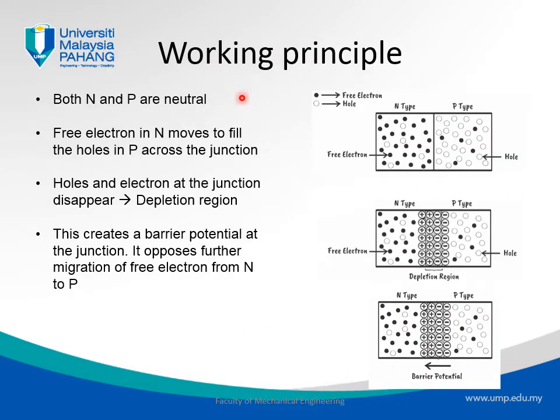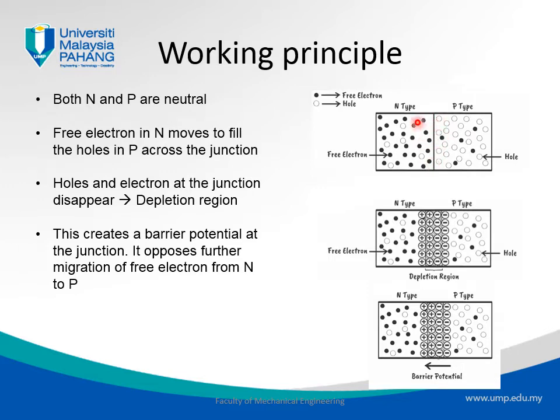Right. So what is the working principle of a diode? A diode is a combination of N-type and P-type. What we create in the middle is what we call a PN or NP junction, right? The free electrons from the N-type will move to the junction to try to fill in the holes on the p-type.